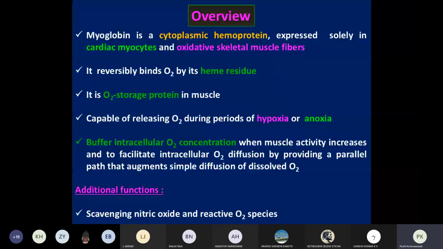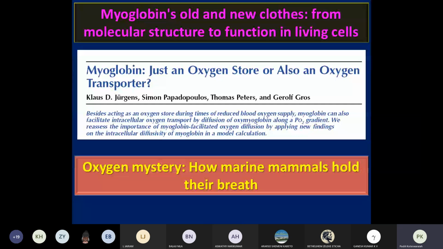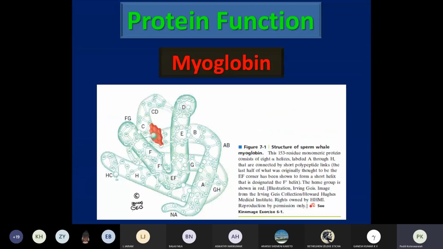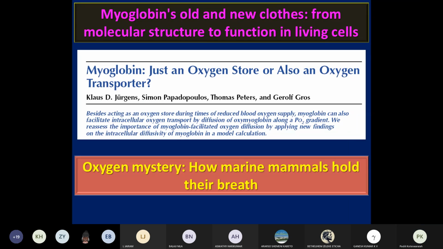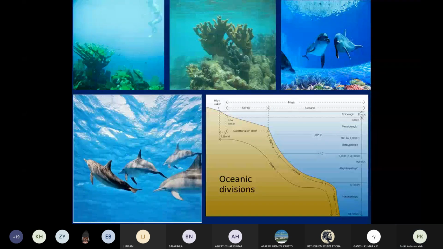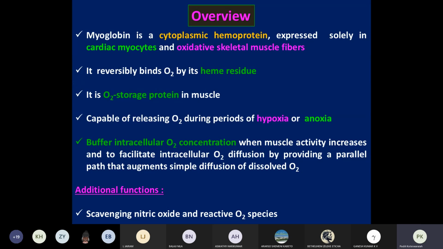So coming to the next protein given in the syllabus, that is myoglobin. Myoglobin is an oxygen storage protein that we had already explained at the beginning of the proteins lecture.